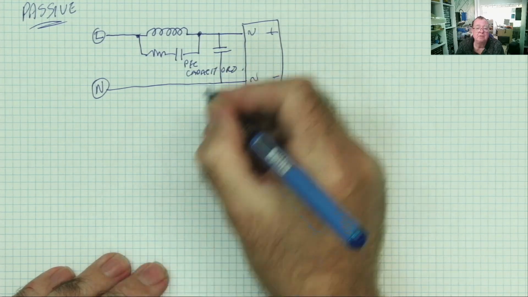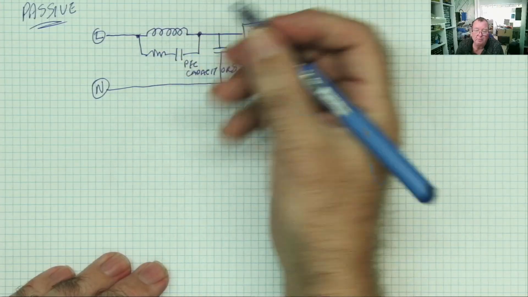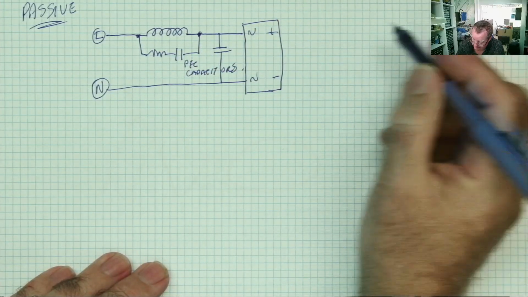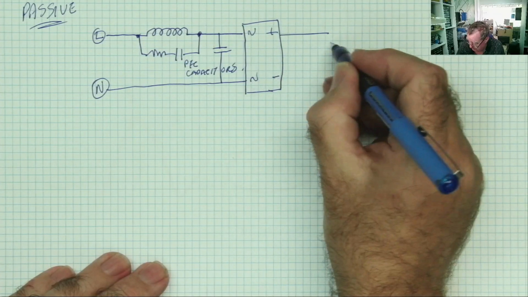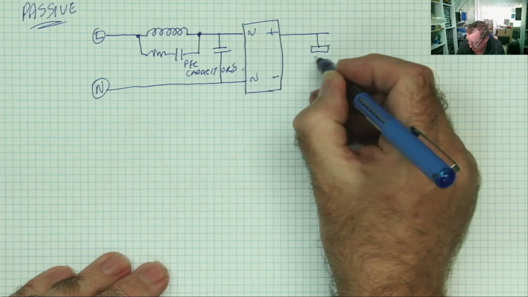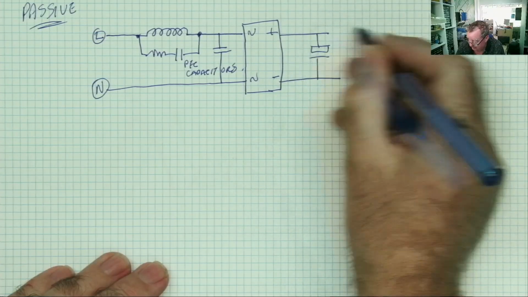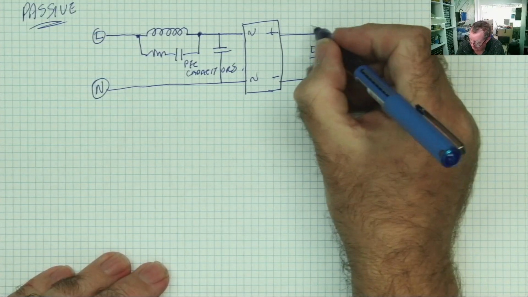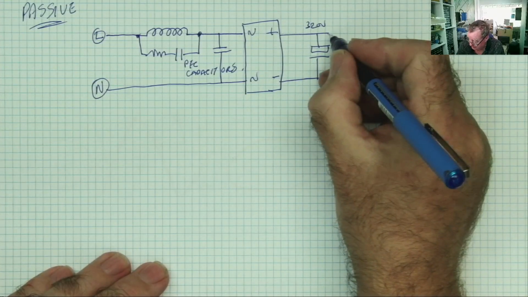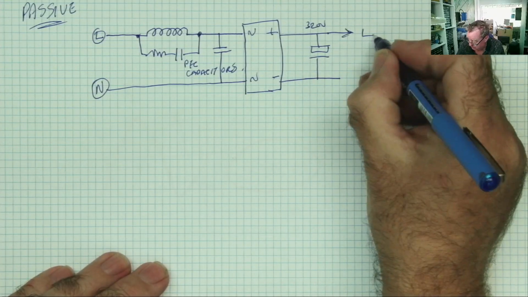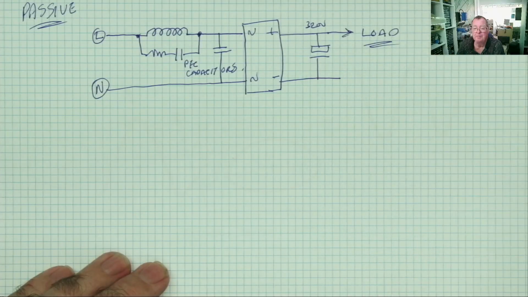This is your PFC inductor. The point of this circuit, and I'll just draw the output, so we have the bridge rectifier. This is your DC, around about 320 volts, and this goes to your load, whatever you're supplying power to.